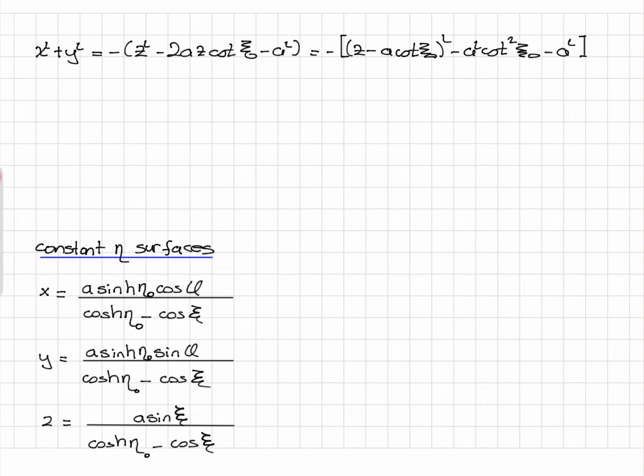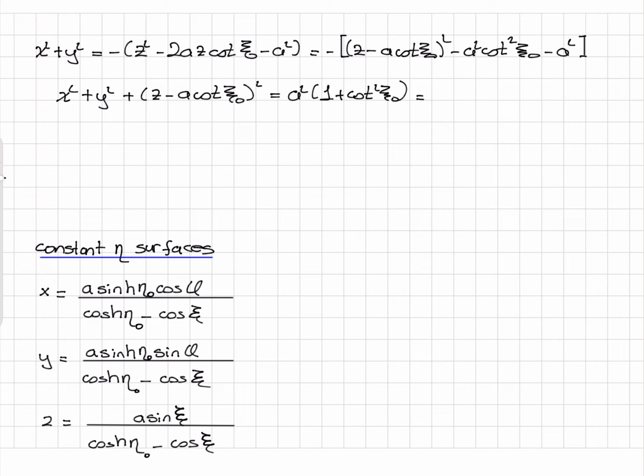And I can take this (z minus a cotangent psi 0) squared to the left-hand side. So this will give me x squared plus y squared plus (z minus a cotangent psi 0) squared is equal to, operating the minus sign here, this becomes plus a squared (1 plus cotangent squared psi 0).